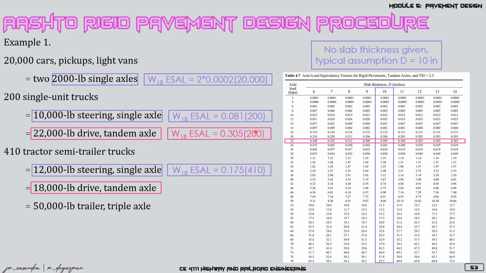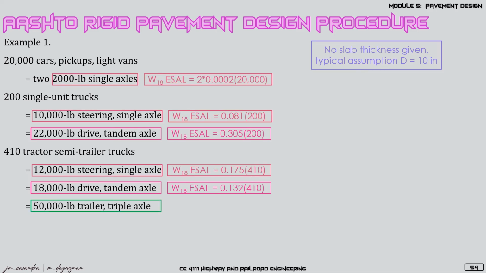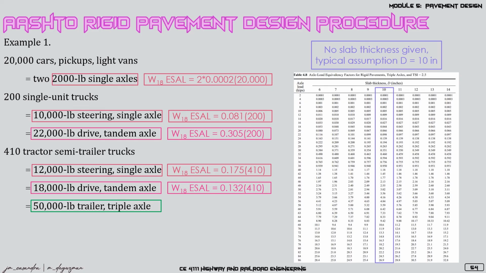Then for the 18 kip tandem axle, we have 0.132, so multiply it by 410. And lastly, we have the triple axle, wherein we are going to use Table 4.8. Under 10 inches thickness, we have the 50 kip axle load. The equivalency factor is 3.02, so multiply this by 410.